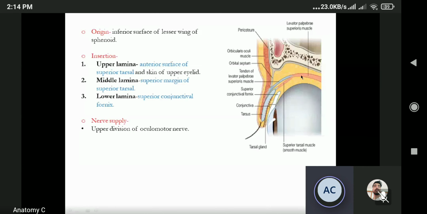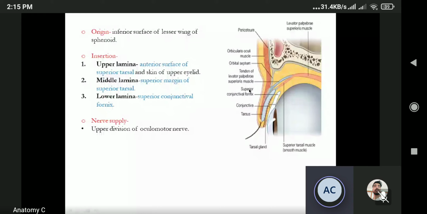It originates from the inferior surface of the lesser wing of the sphenoid, and the upper lamina is inserted into the anterior surface of the superior tarsus and the skin of the upper eyelid, whereas the middle lamina goes to the superior margin of the superior tarsal muscle, and the lower lamina to the superior conjunctival fornix.